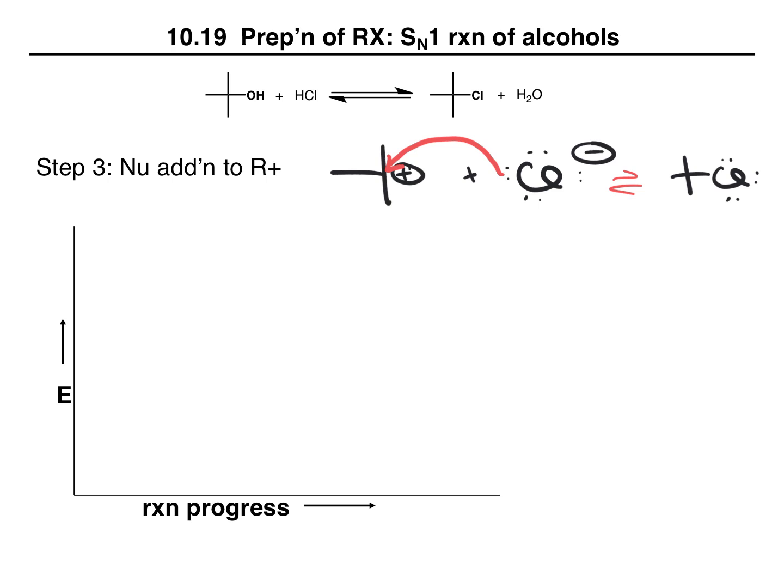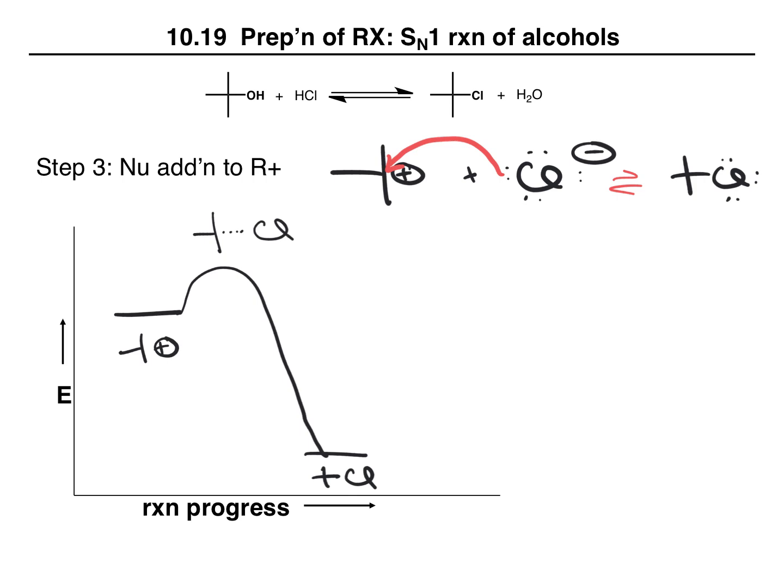And let's say this is the energy of our starting material. So here's our carbocation. Our product is going to be much more stable, much lower in energy. And then as we think about our transition state, the carbon-chlorine bond will be starting to form.